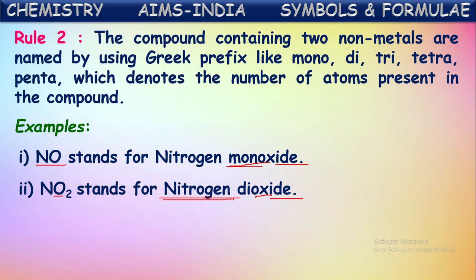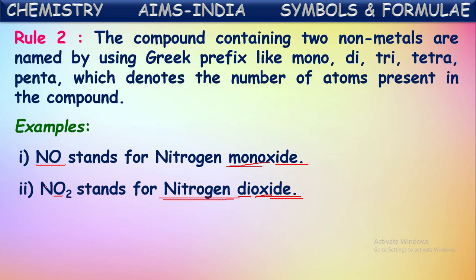So it became nitrogen oxide. At the same time, how many atoms are present should also be mentioned using Greek prefixes. Here there are two oxygen atoms, so that is mentioned with di. So it became nitrogen dioxide.